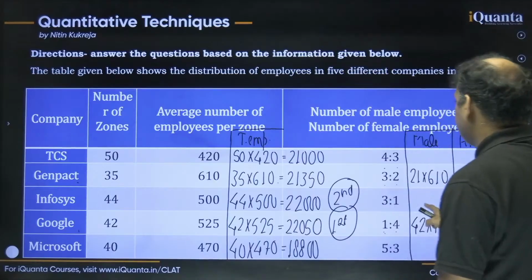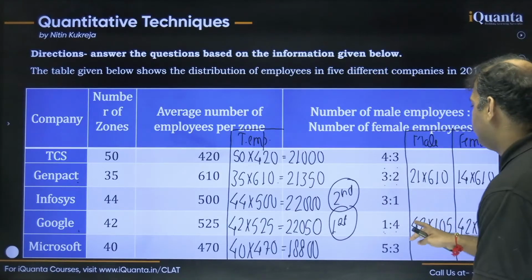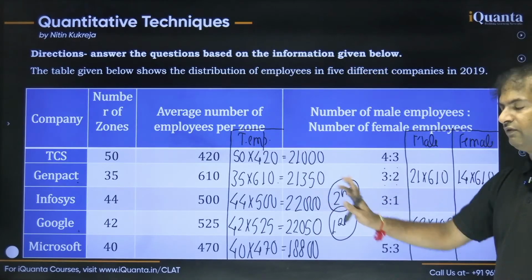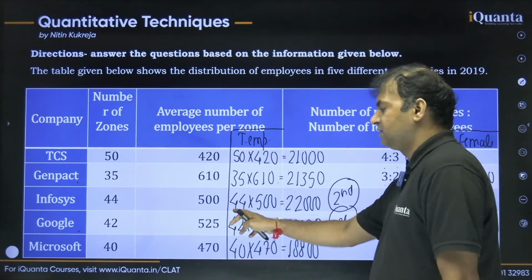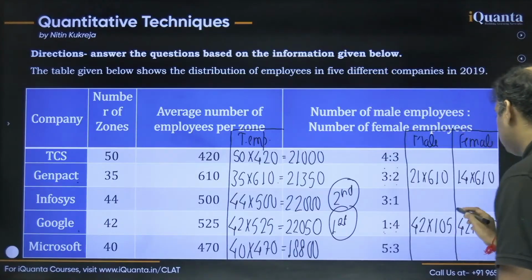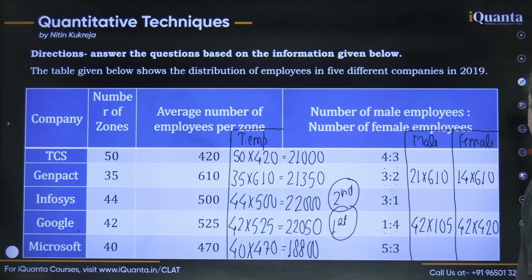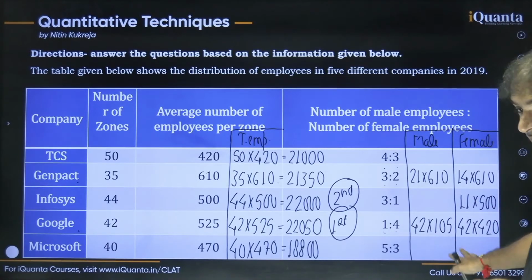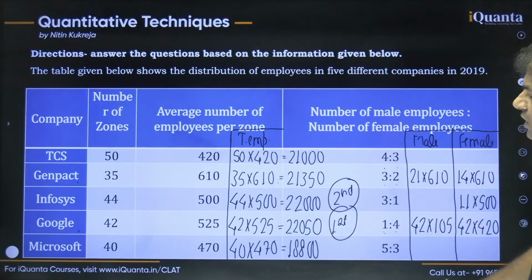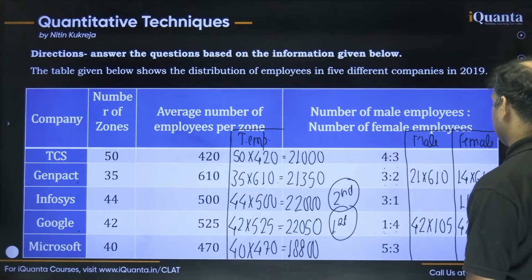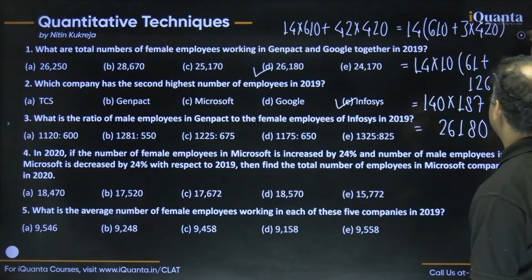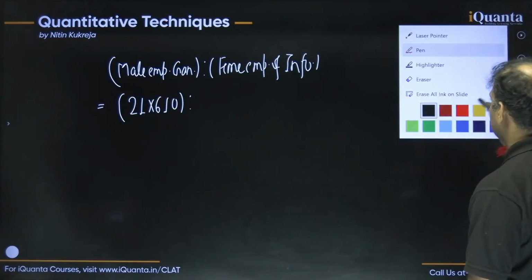We need to find the female employees of them. So it's very obvious, guys. You can say female employees should be 1/4 of them. So 1/4 of 44 is obviously 11, right? So the female of Infosys should be 11 into 500, simple. I'm not calculating it right now, though it's very easy. Still, I'm not calculating because a lot of terms must get cancelled out while doing the ratio. So I'm just writing 11 into 500 for the female employees of Infosys.